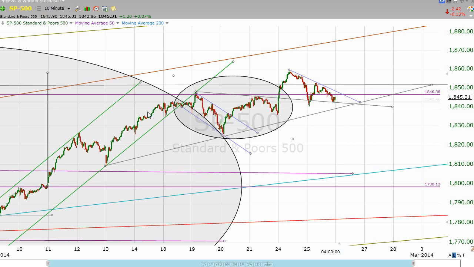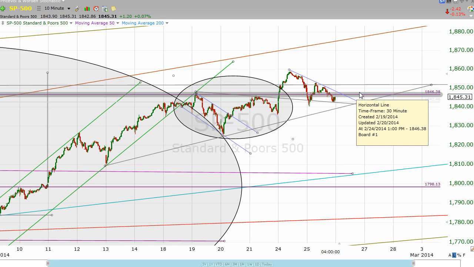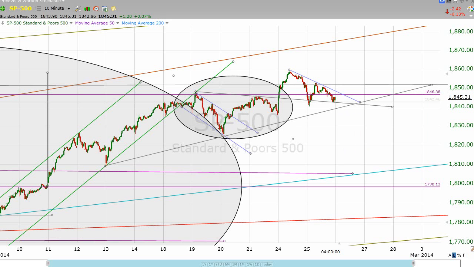And one of the reasons why is that over the past 4 days, one interpretation of what we've seen here is a small head and shoulders right here. Left shoulder, head, right shoulder.